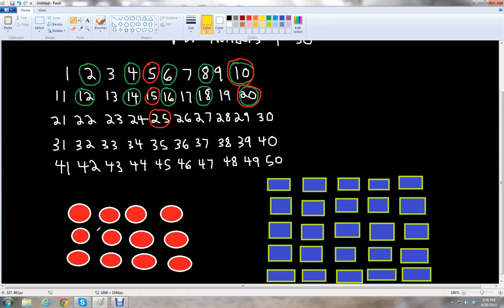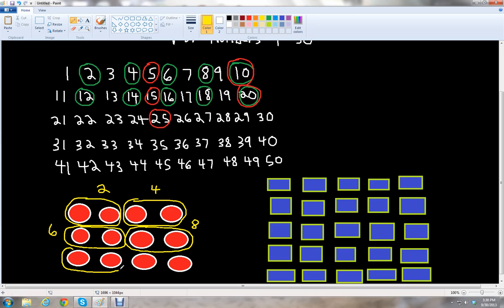If we count them by twos, this will be 2, and then this is 2, so that's 4, 6, and then we have 8, 2 more, that's 10, and then another 2 more would be 12.